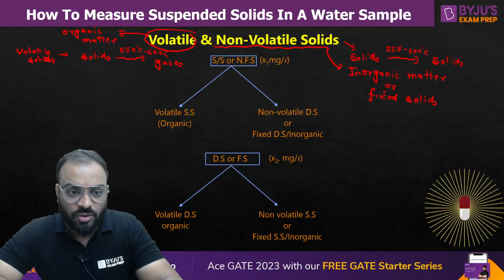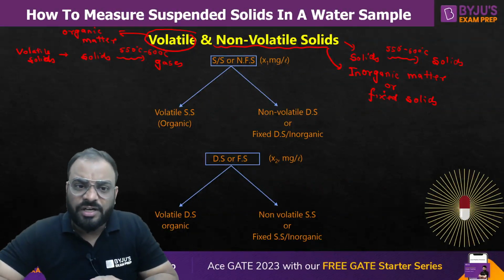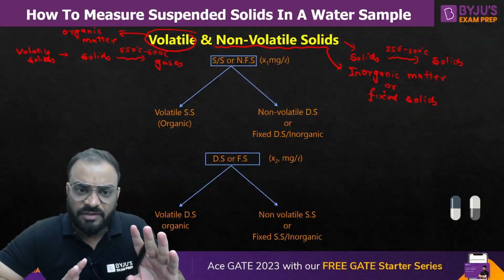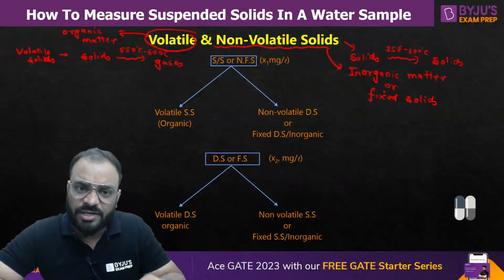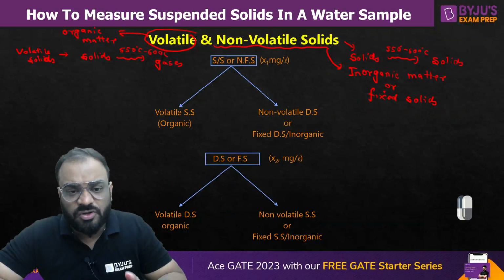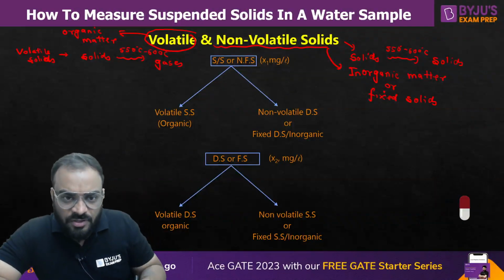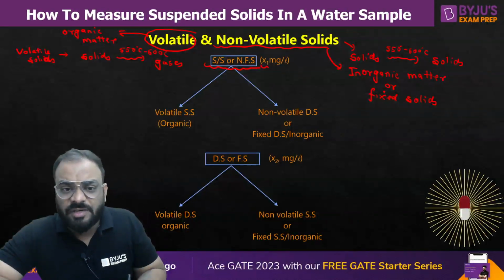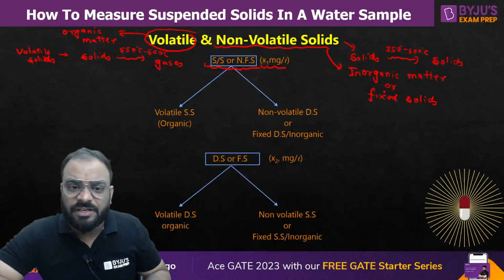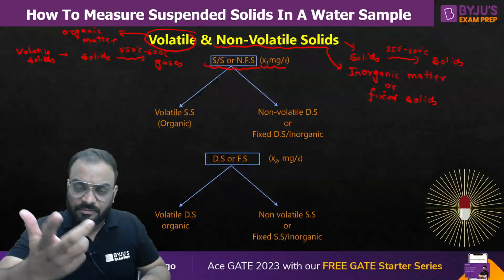Okay, fixed solid. Now you know that we have two types of solid in our sample. One is non-filtrable solid or suspended solid, and the second one is dissolved solid or filtrable solid. So can I say that if you have suspended solid or non-filtrable solid, let us suppose the concentration is x1 milligram per liter, this particular concentration will have two parts.